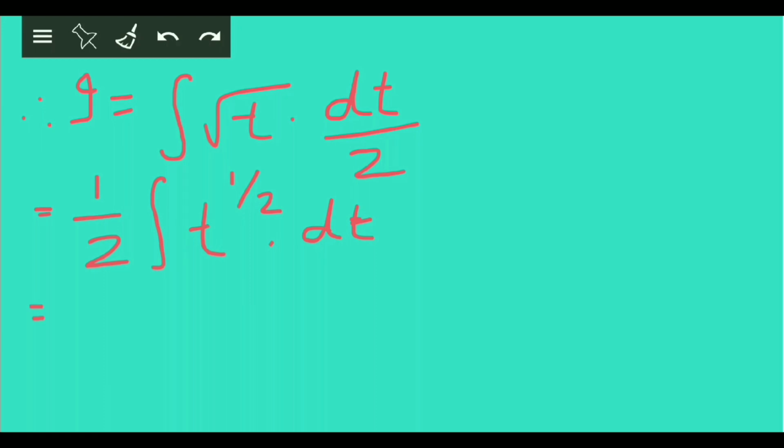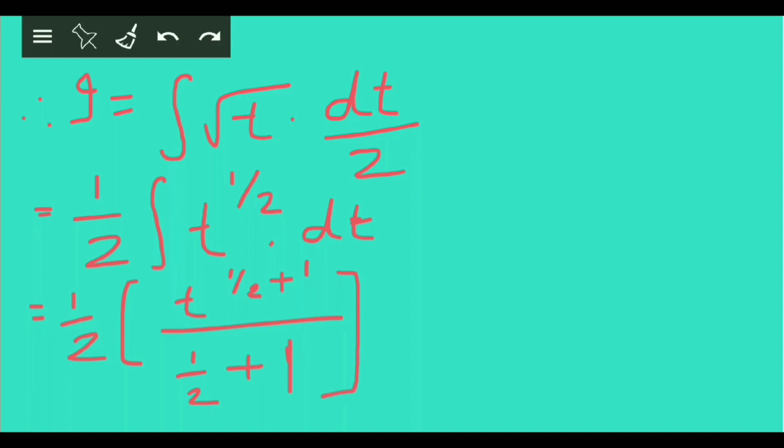So here n becomes half as it is, and we get t raised to half plus 1 upon half plus 1. Those of you who have understood the method can skip this step and directly write the answer. That is the next step. And don't forget to write plus c over here.